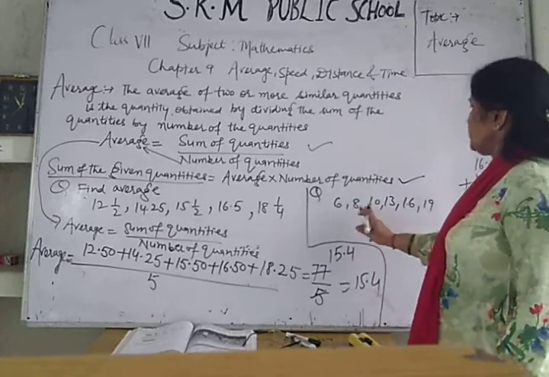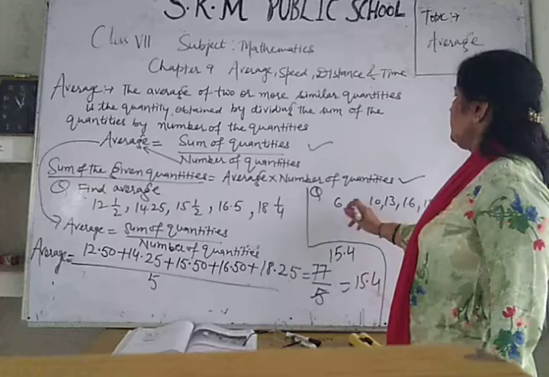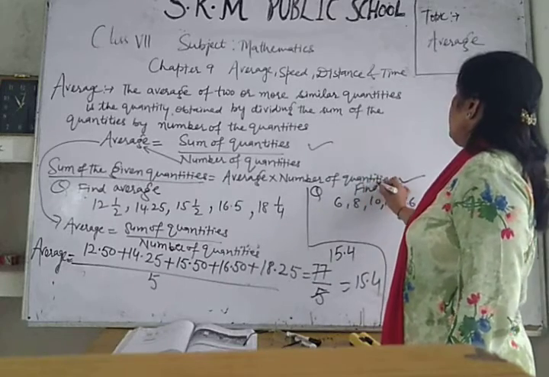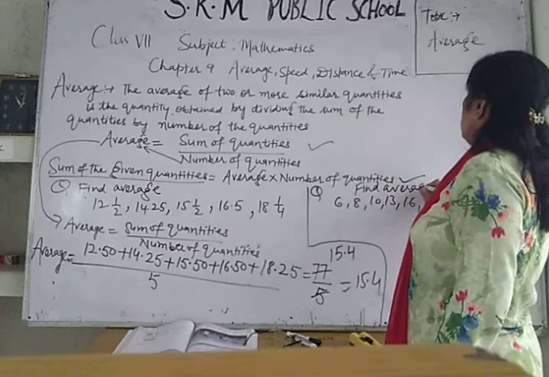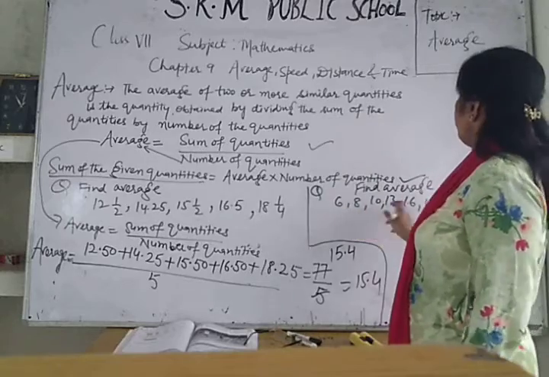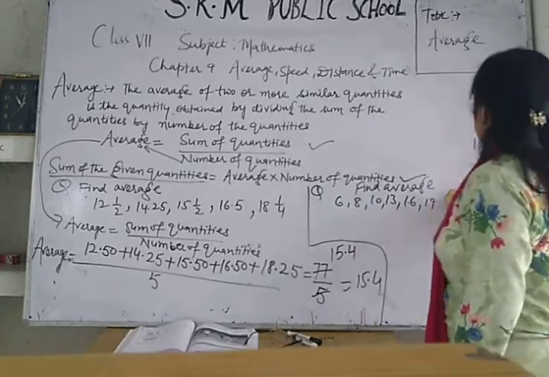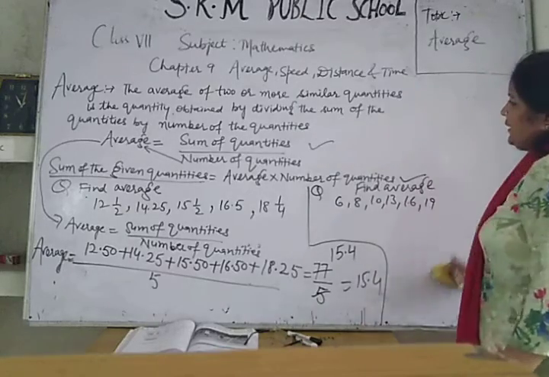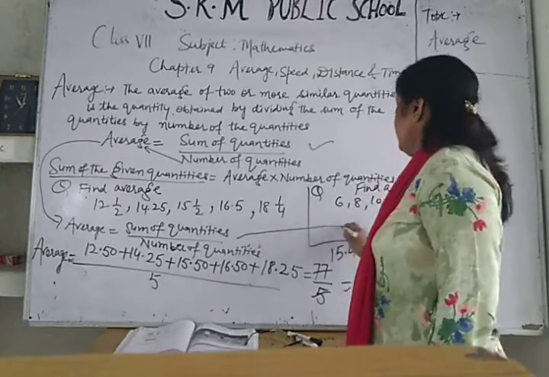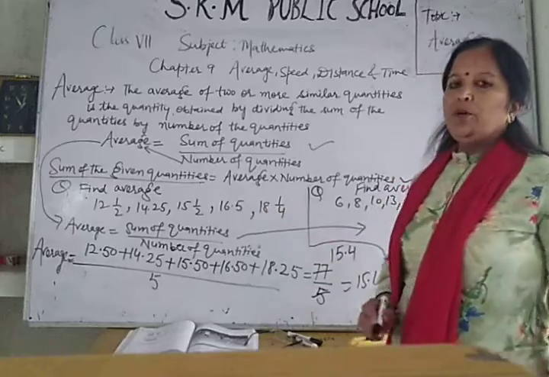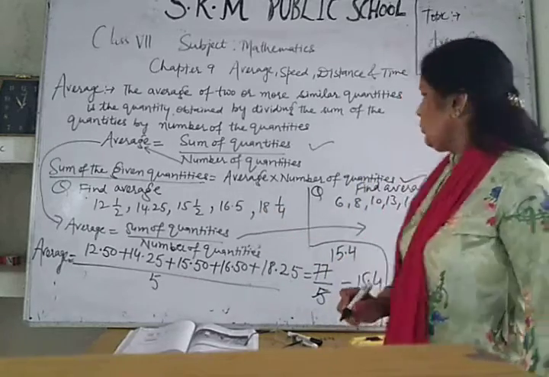Then the other question: find the average of these numbers 6, 8, 10, 13, 16 and 19. For average, you will write the same formula: sum of the quantities divided by number of quantities.